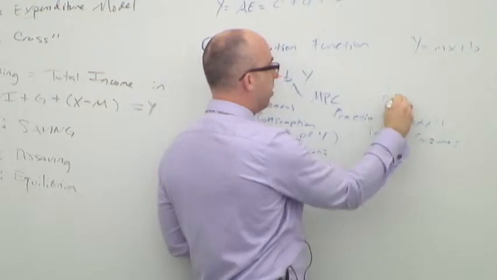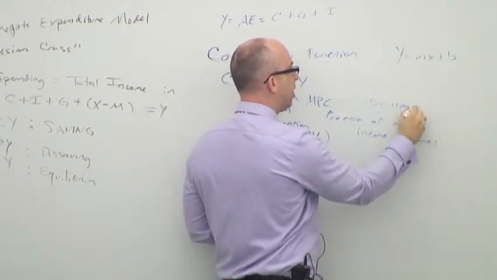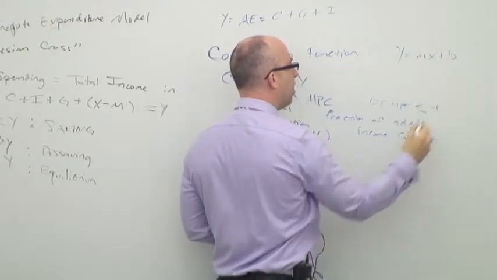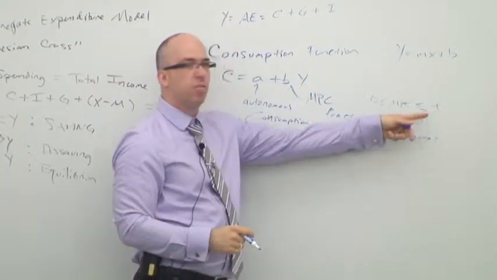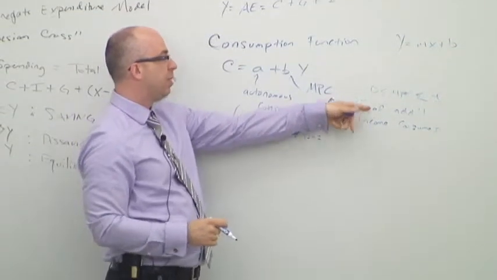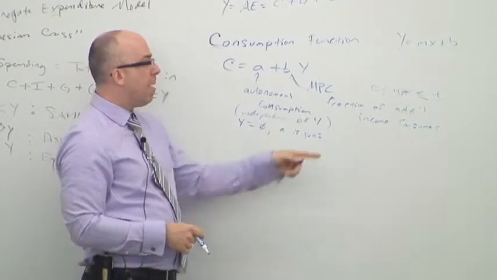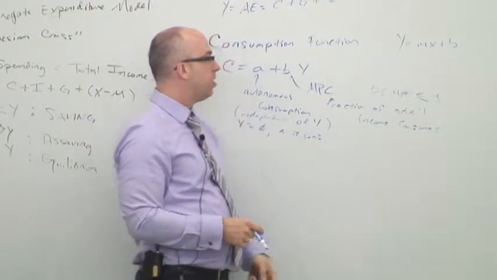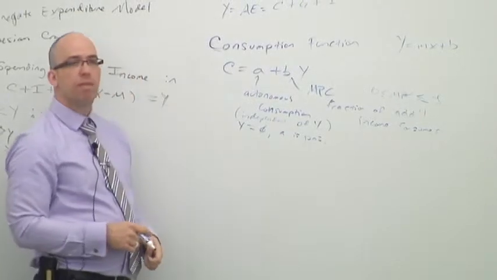MPC lies between 0 and 1. So it can be as high as 1.0 and it can be as low as 0.0, which means that if you earn $1, you don't spend any of it. MPC has to be in between 0 and 1. All right, so this is going to be the slope of the line.